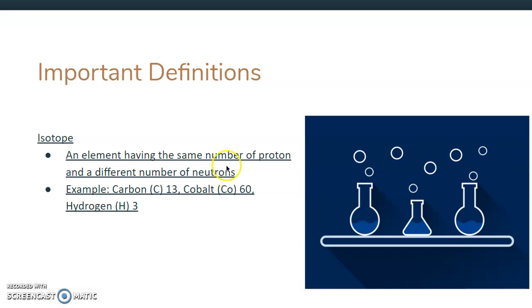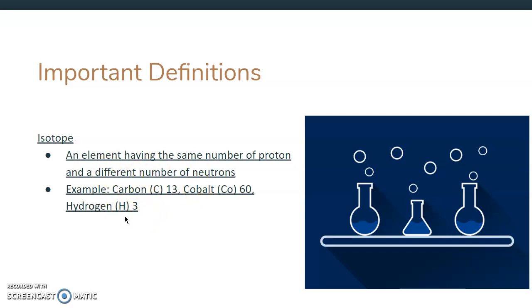Normally carbon has an atomic weight of 12, but carbon 13 is the name of the isotope, telling us that it weighs 13 atomic mass units instead of 12. Cobalt, same thing, it weighs 60. And hydrogen normally weighs 2 atomic mass units, but it actually weighs 3 in this isotope.